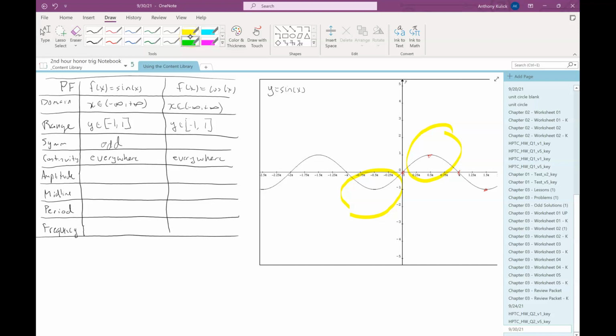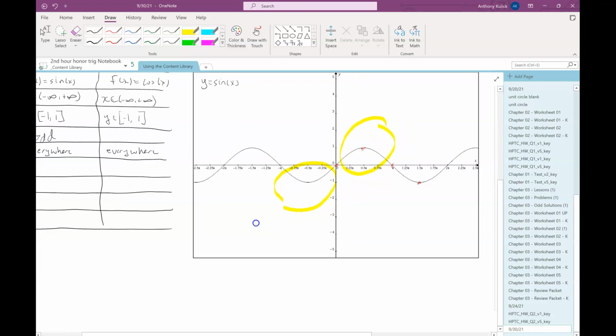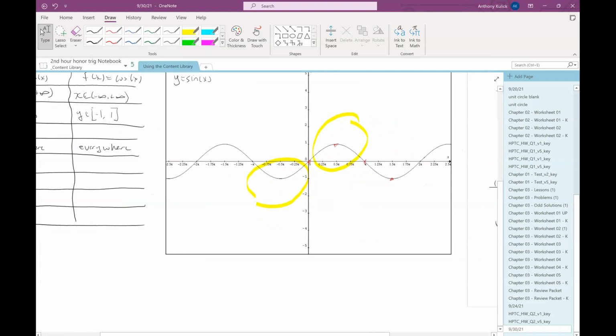The midline is the imaginary line that divides this graph, so there's an equal area above the midline and an equal area below the midline. For y equals sine x, that midline is just the x-axis. The area above the x-axis bounded by the curve is the same as the area below the x-axis bounded by the curve. Do you see that? Basically, there's the same amount of graph above and below.